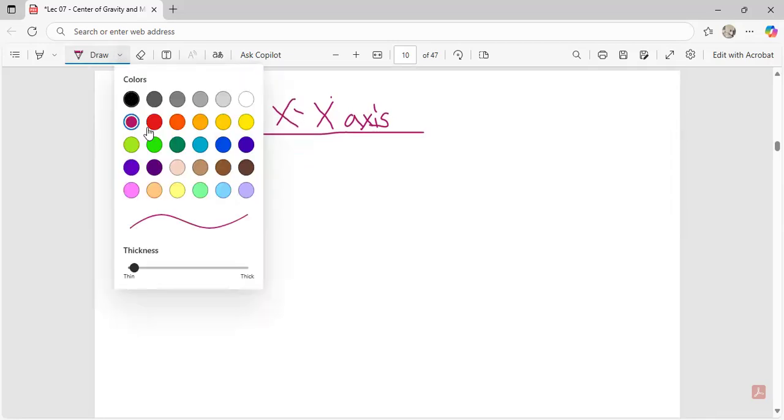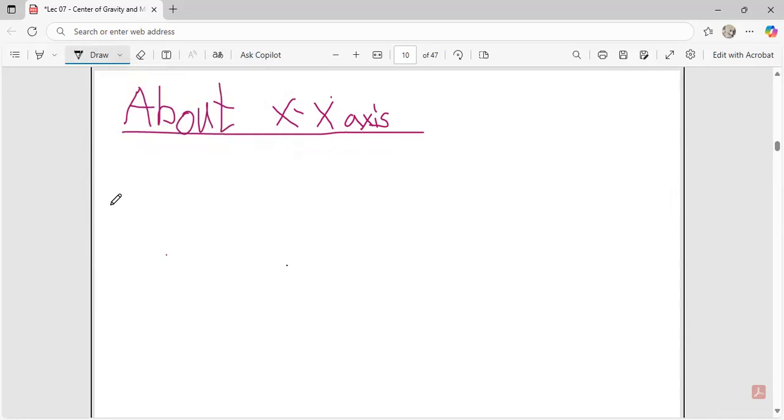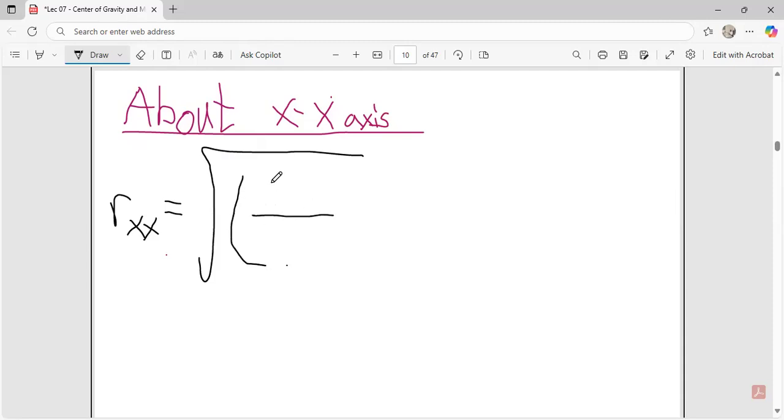So the formula implies that my R, radius of gyration, because I'm talking about the X axis, that is why I've denoted it like this, is equal to the root sign of I at XX, the moment of inertia at X, all over the area, bracket close.